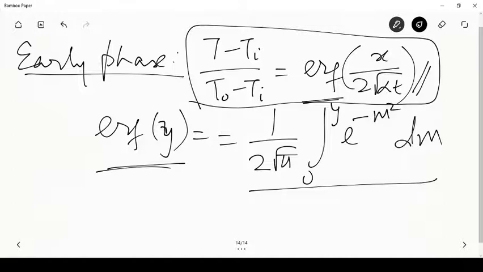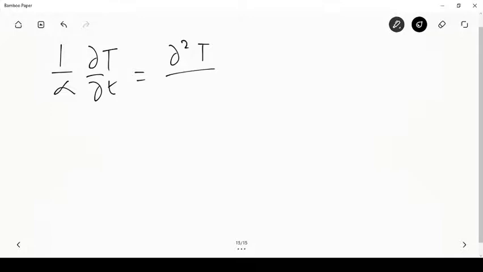Now the question arises, what will we do if the problem is neither of early phase nor of late phase? Then we will need to solve the differential equation completely. Okay, so the differential equation is 1 by alpha del T by del t equal to del squared T by del x squared. So this is normally solved using the method of separation of variables.